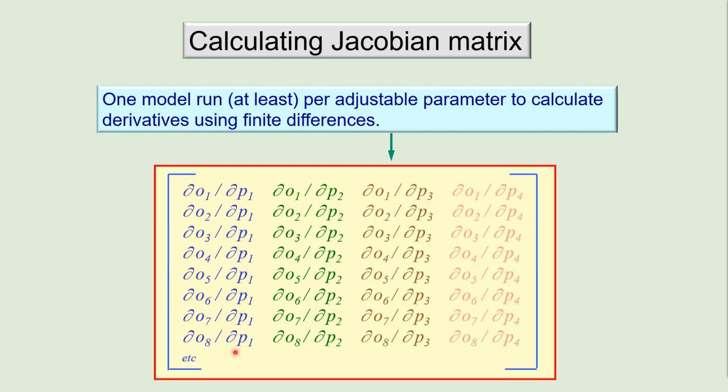In other slideshows, we'll talk about how this can become a little bit more sophisticated. What this means, however, is that to fill a Jacobian matrix, we've incurred a numerical burden. We have to run the model at least once for every parameter that we are estimating through the inversion process.